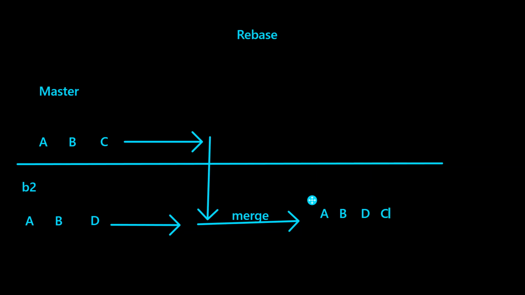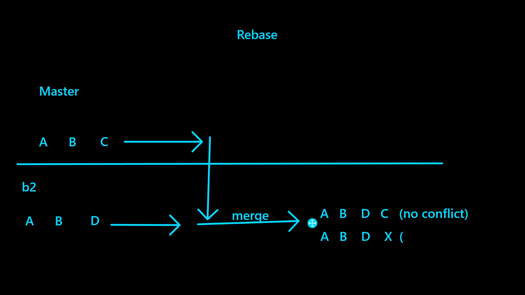Whenever you merge, a new commit ID will be added on the destination branch. If there is no conflict, it will be the same ID, like commit ID C. See, I can't write the actual ID, so I'm writing it as A, B, C. If it is a conflict, it may be some other ID.